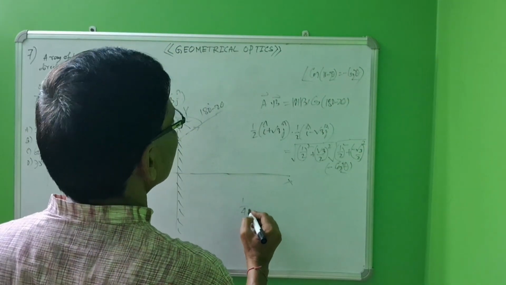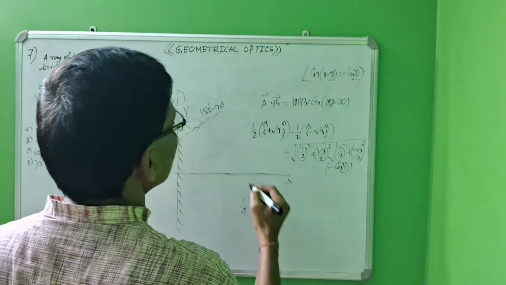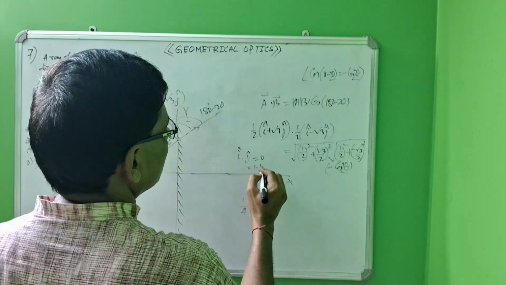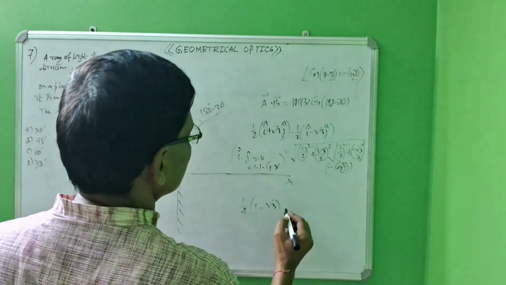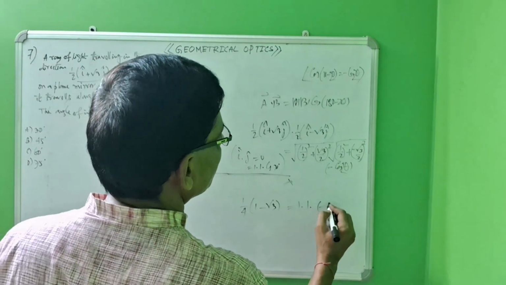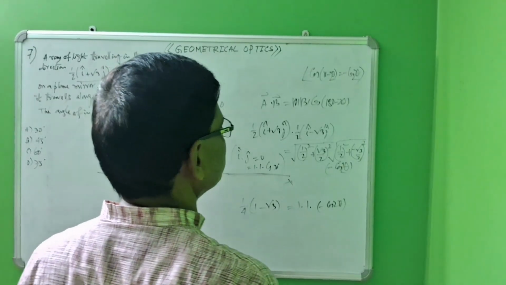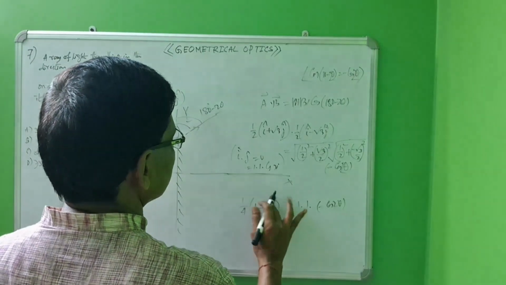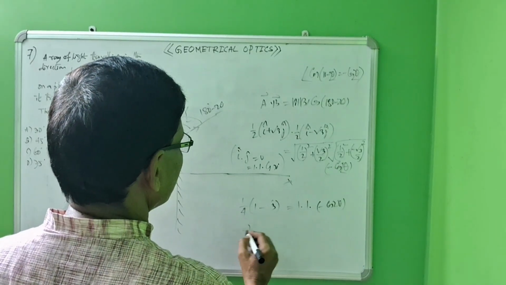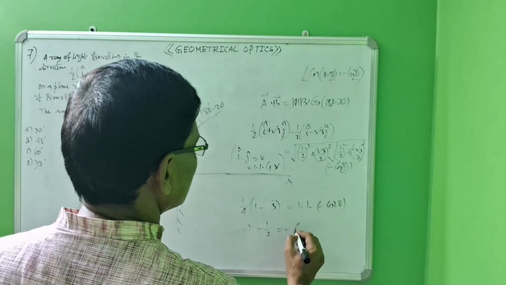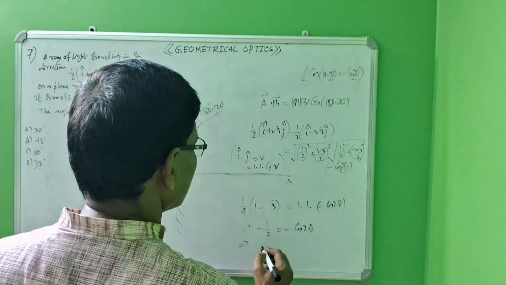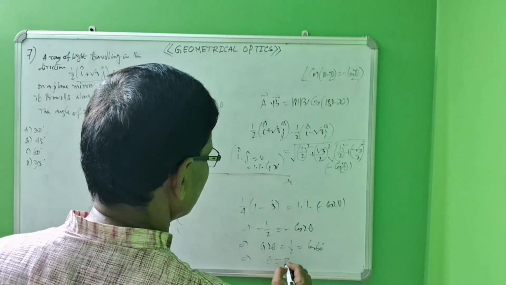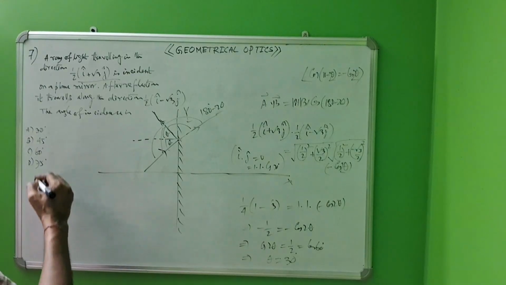Here we get 1 minus 3 because i dot j equals 0, because 1 into 1 into cos of 90 degrees. So this is 1 into minus cos 2 theta, which implies minus cos 2 theta equals half, equals cos 60, implies theta equals 30 degrees. So the answer will be A.